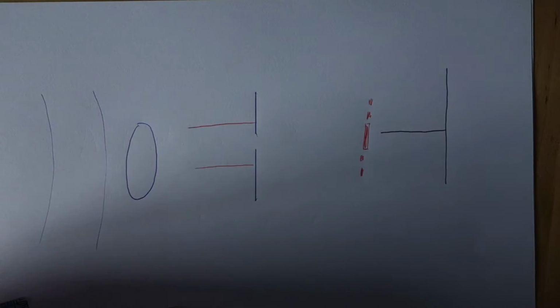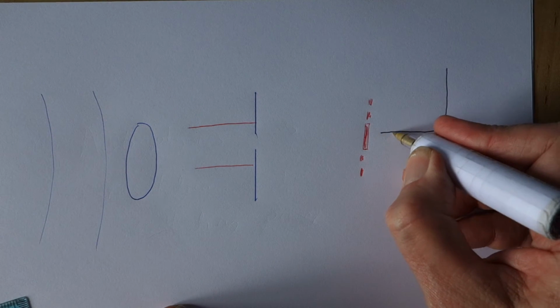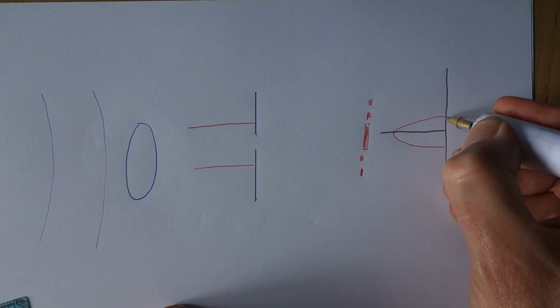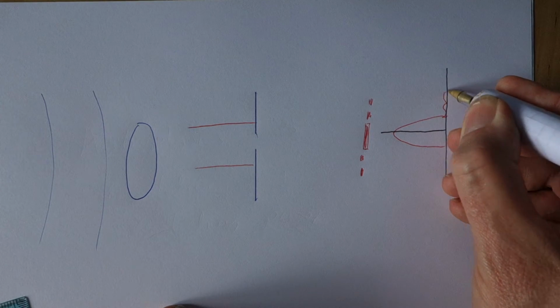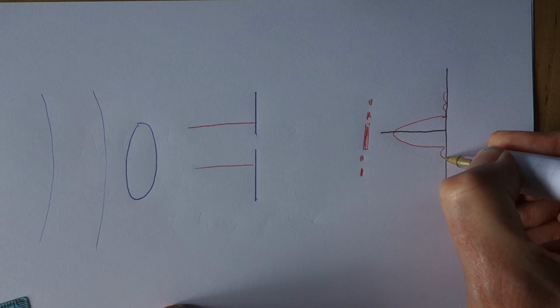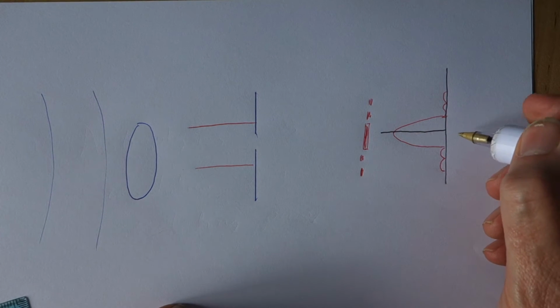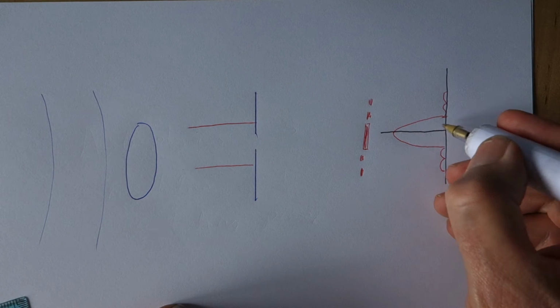You'll see why this is an important moment. So we've got this very large central maxima, most of the light is in the central maxima, and then we've just got these small side fringes on either side. So it's intensity this way and angle in this direction.